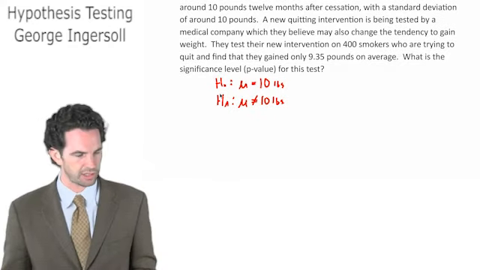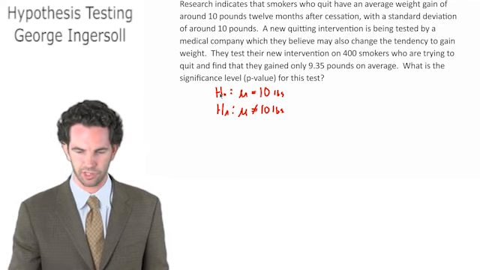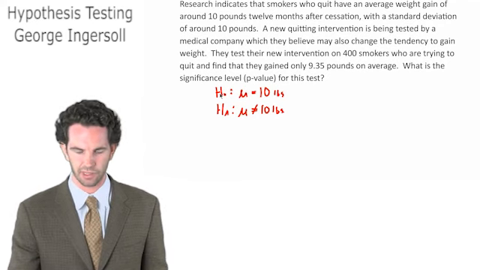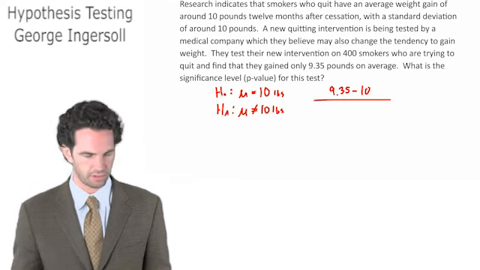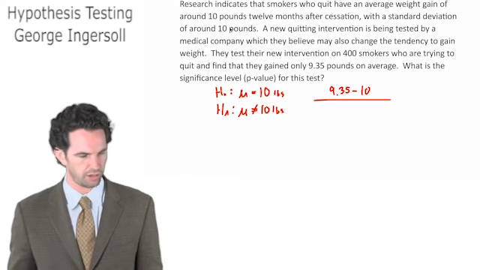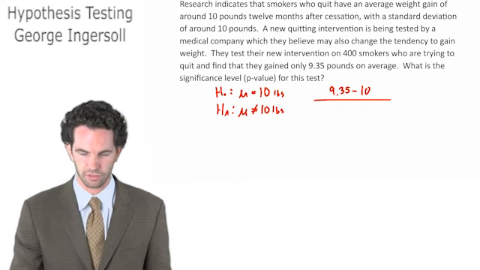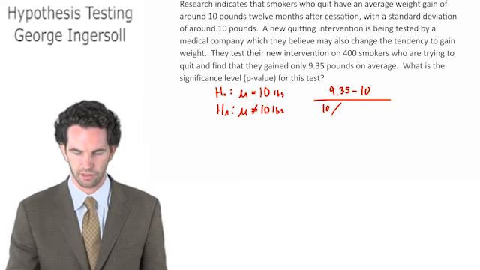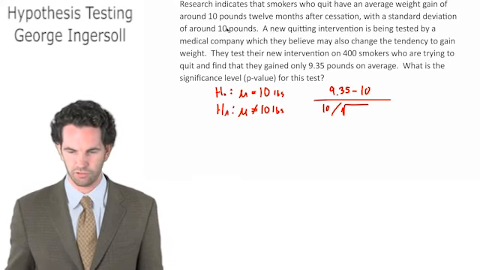So let's go ahead and set this thing up. We have an X bar from our sample, a measured average from our sample of 9.35 pounds. The assumption is 10 pounds. And the standard deviation overall is 10 pounds divided by the square root of our sample size, which is 400.